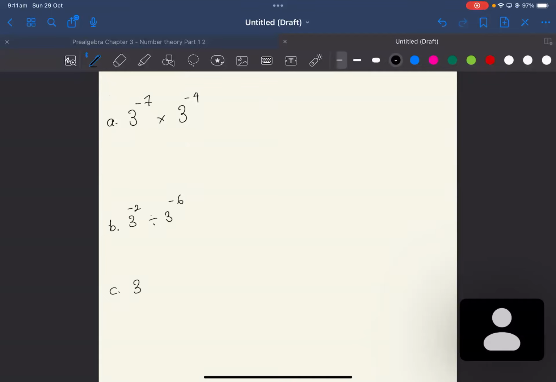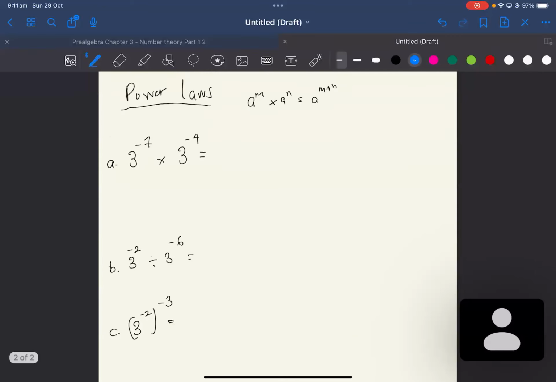And (3 to the power of -2) to the power of -3. We just need to remember the power laws. Multiplication is adding the powers, division you subtract the powers, and when it's power of a power, you just multiply them together. The first one is 3 to the power of -11. The second one is 3 to the power of 4, and the last one is 3 to the power of 6.